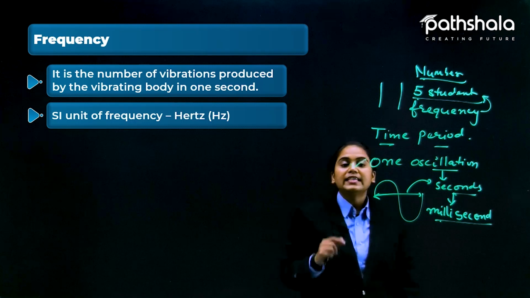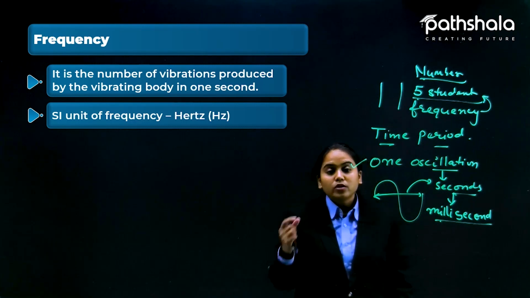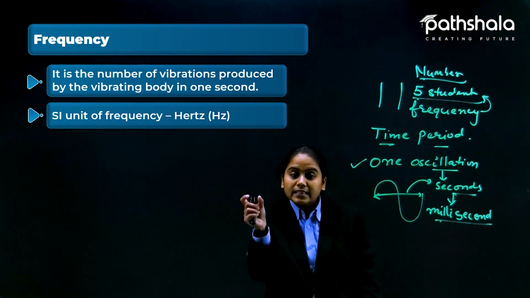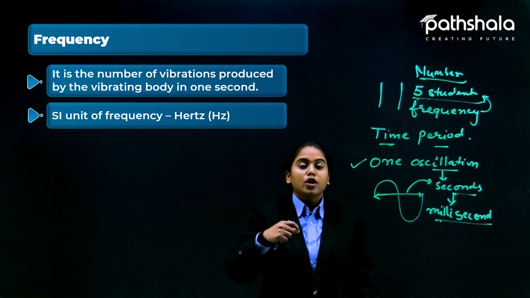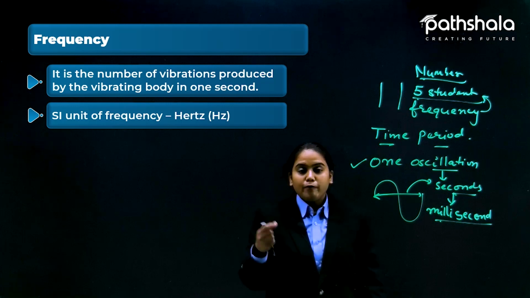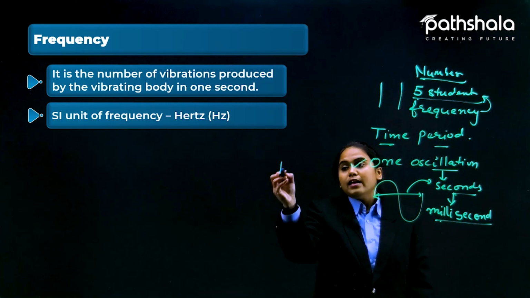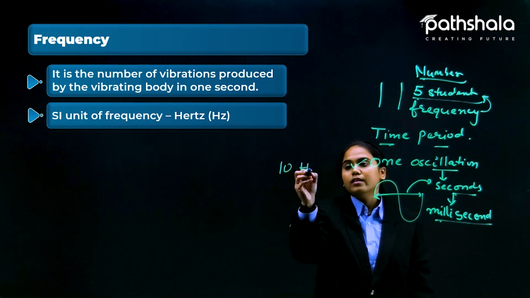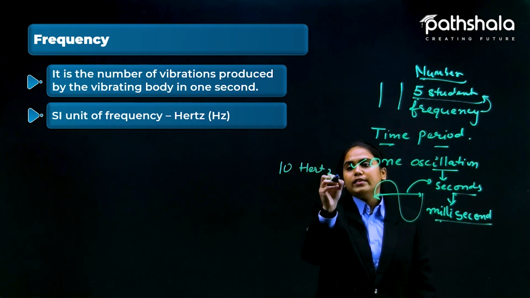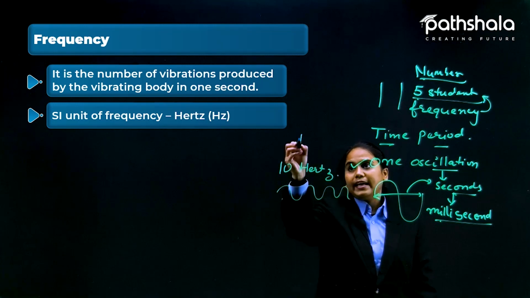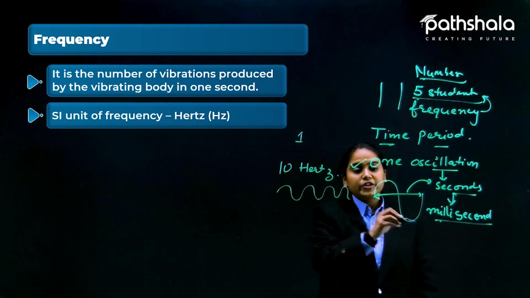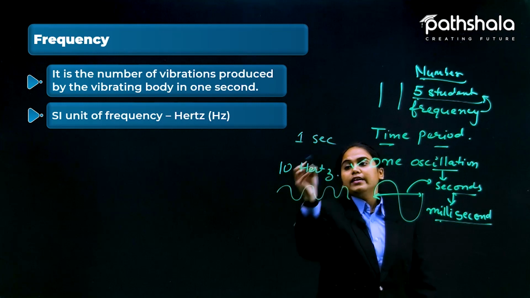So Hertz is the SI unit that gives you an idea of how many vibrations are passing in 1 second. If somebody tells you that 10 Hertz is the frequency of the wave, we can say that in 1 second the number of oscillations is 10.